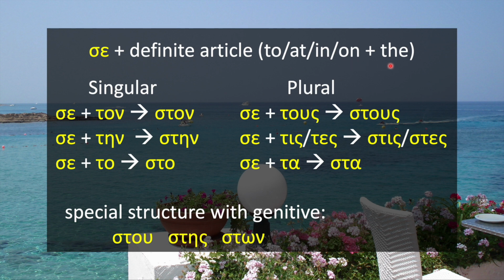They all include the definite article. There is a special structure with genitive, but we don't have to worry about that right now. Just remember that σε is the only preposition that is combined, and only with the definite article. We can never have σε and the definite article separately. They are always combined.